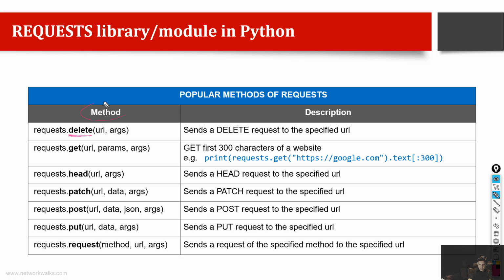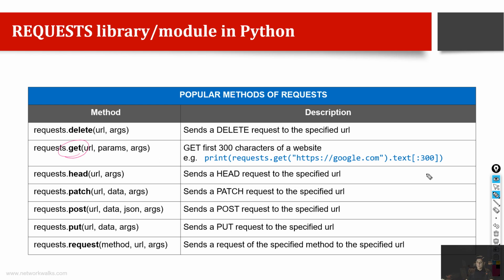Usually when a function is in a class or in a library, we call it a method, but you can also call it function. So we have delete method, get method, head method, patch method, post, put, request, and so many. Delete means that we send a request to delete a specified URL. Get means we want to get some information.